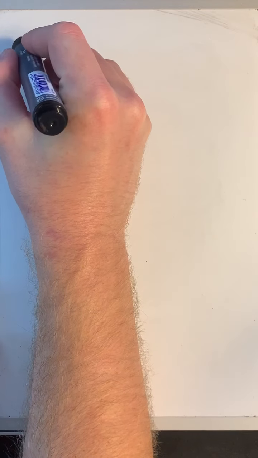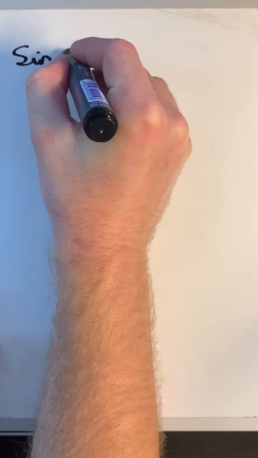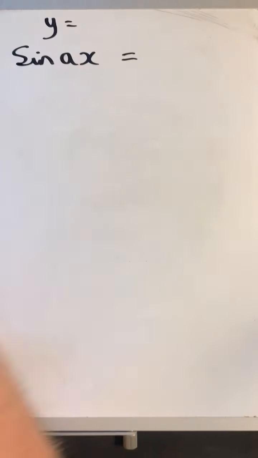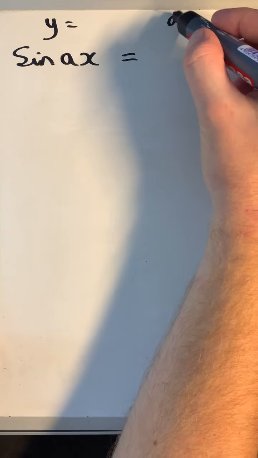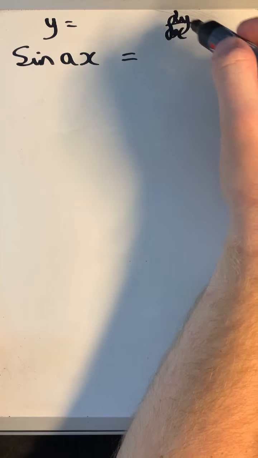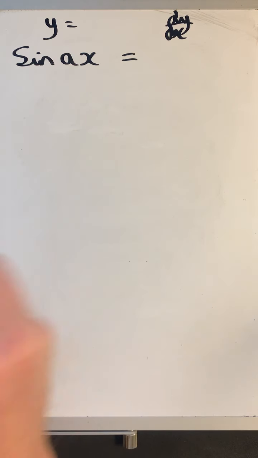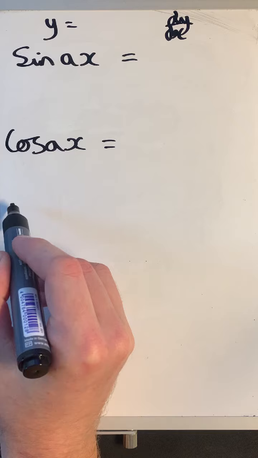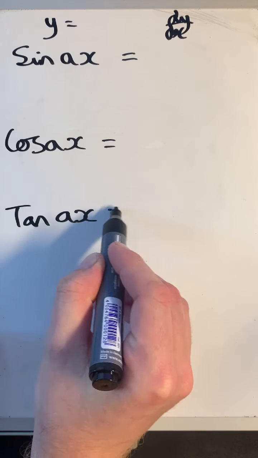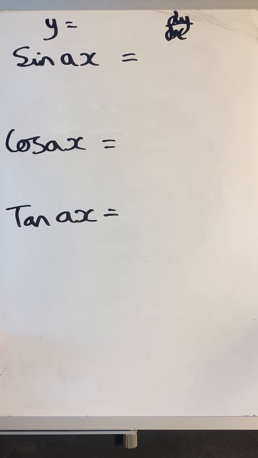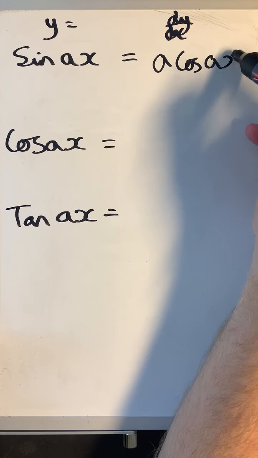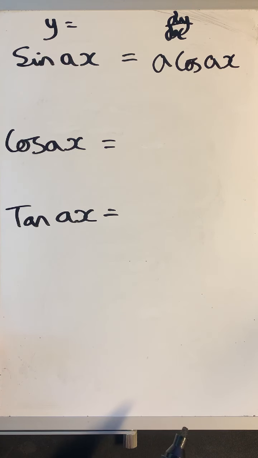The ones we look at are sine ax, where a is any number, cos ax, and of course tan ax as well. If y is equal to sine ax, then dy dx will be a cos ax.